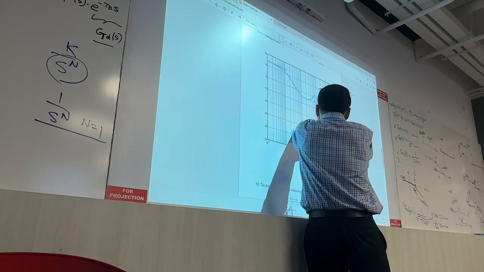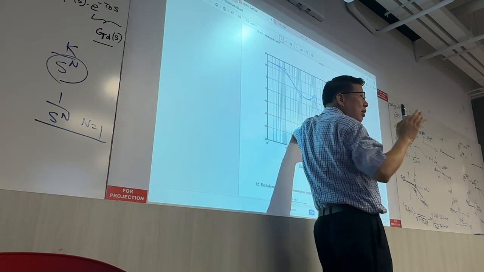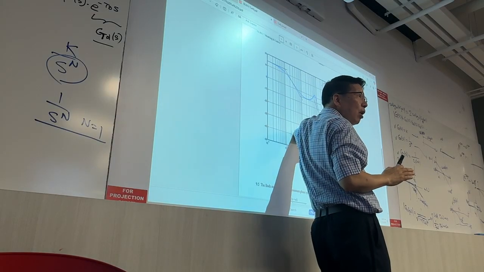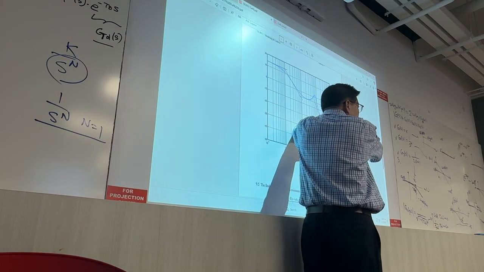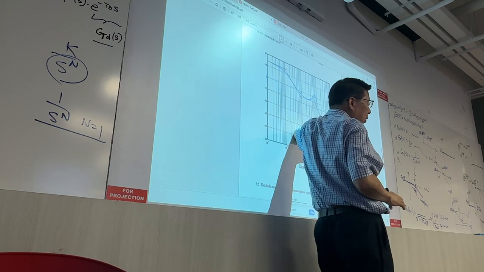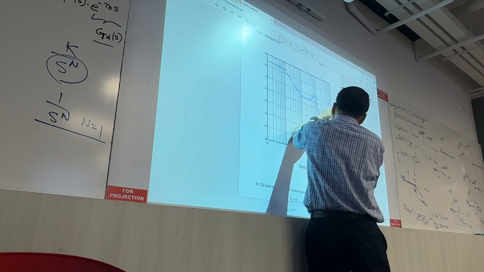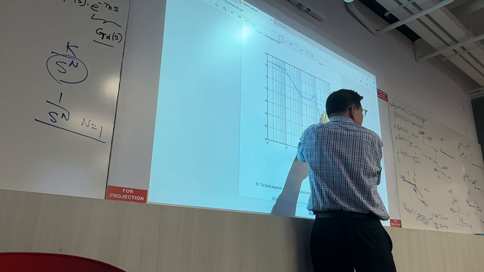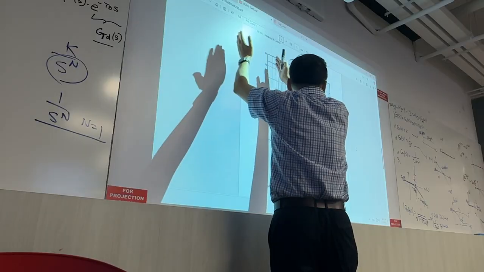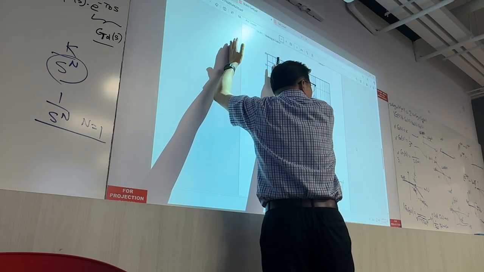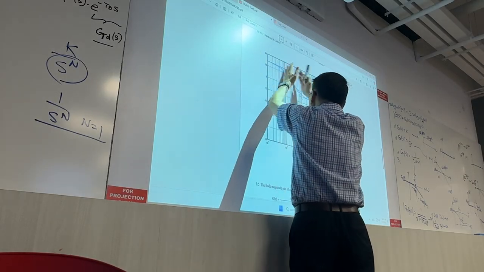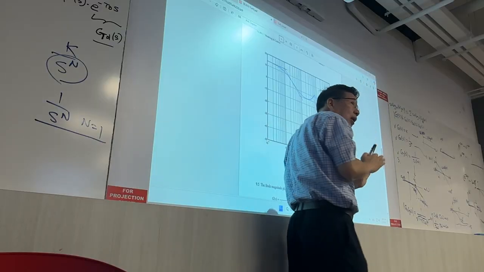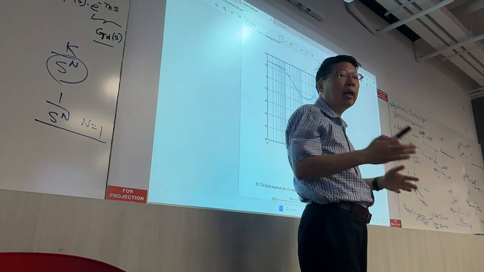You are not able to fit every section perfectly. So where do you fit? You normally use the higher end for the higher portion, and for the lower, you use the lower end. Because these are in between, they are not accurate in the sense they are affected by the turnings.